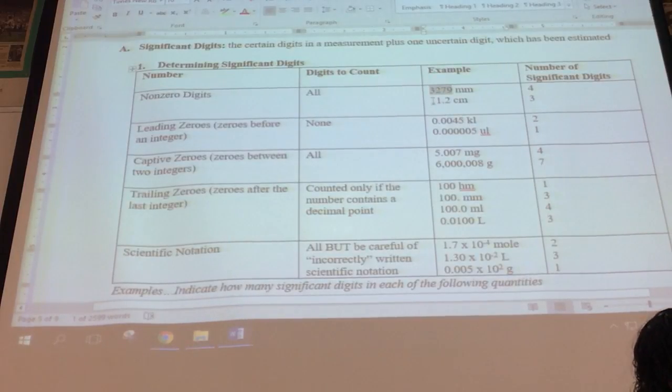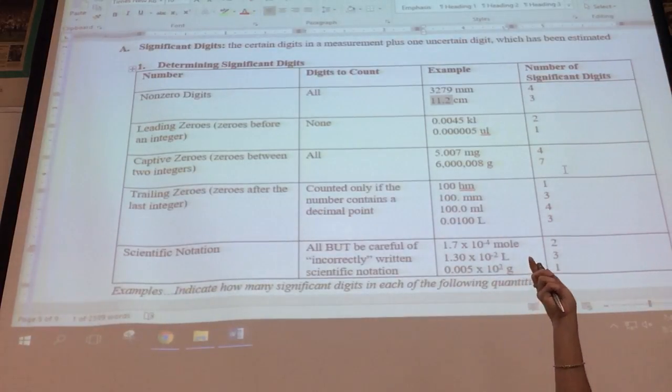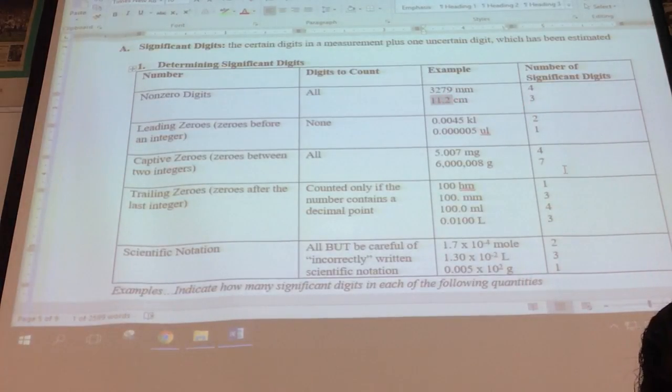Same thing here, 11.2, all non-zero digits. You have 1, 2, 3 sig figs because you count everything that isn't a zero. So that's a pretty easy rule. And we'll be doing some examples of each one mixed together to make sure that you understand.